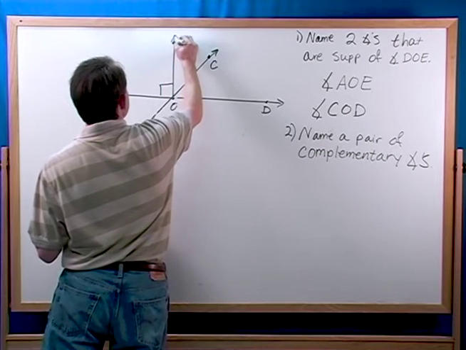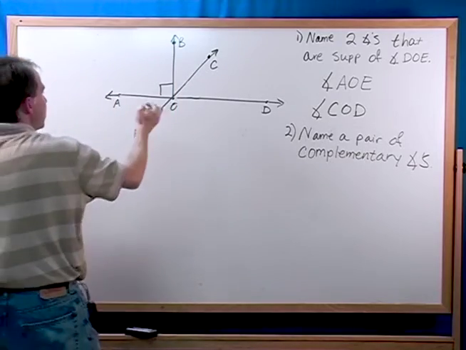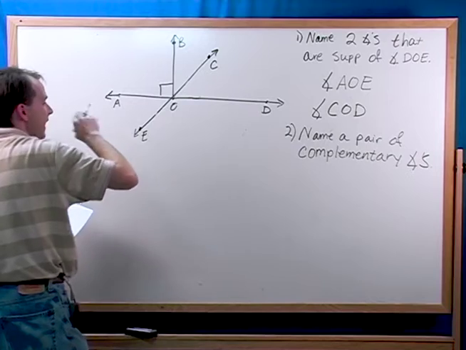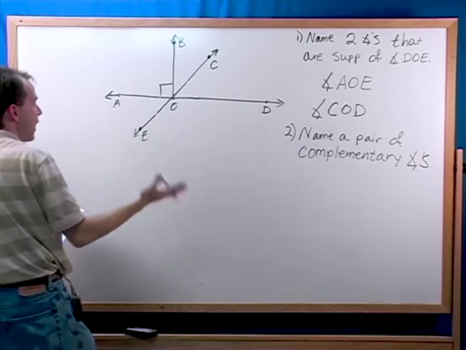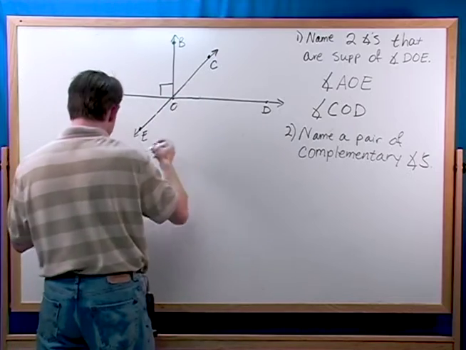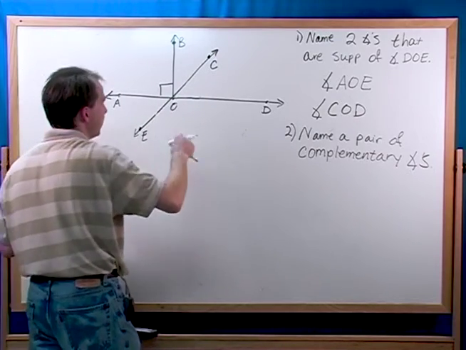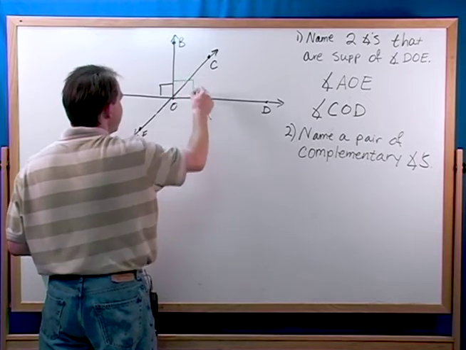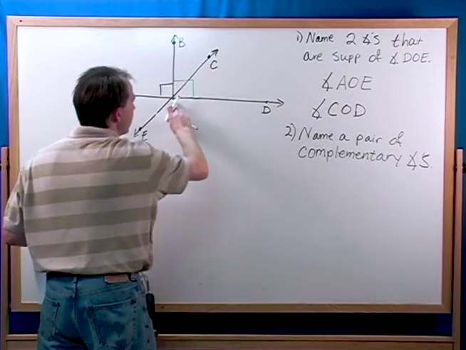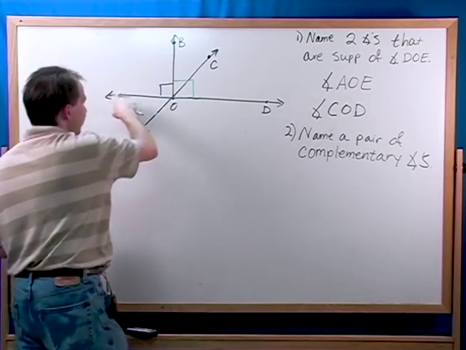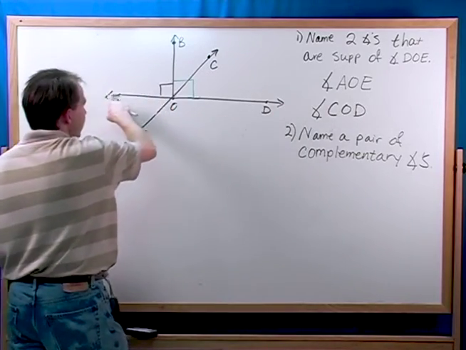Oh, I forgot to put this on my drawing. If you look at the drawing, you see this is 90 degrees right here. And the two angles that you pick have to also add up to 90 degrees. Well, if this is 90 degrees, then just by looking at the drawing, and it may not jump out at you right away, this big angle BOD must be 90 degrees also, because this is a straight line and this is a straight angle.